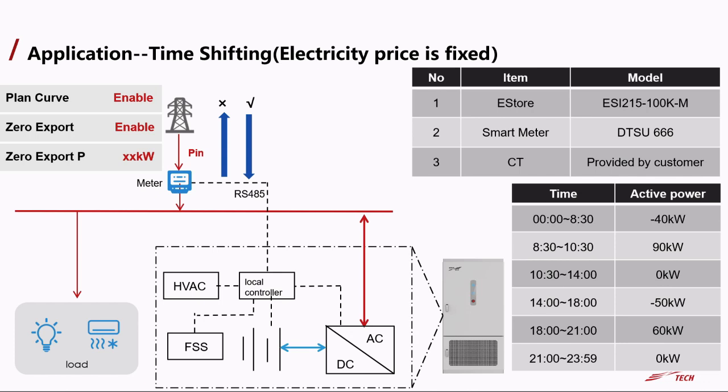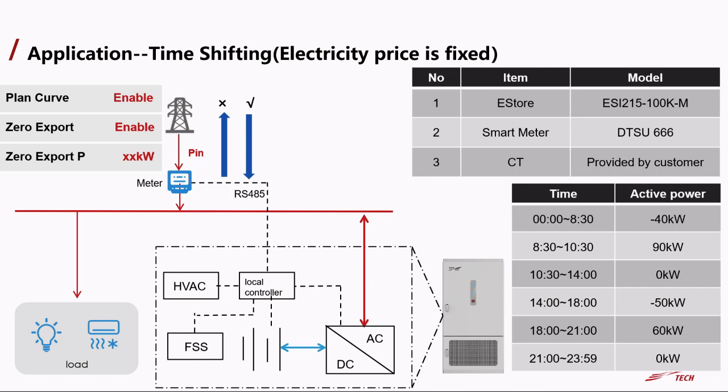And then from 8 a.m. to 10:30 a.m., when we start operation and production for the factories, we can let the energy storage system discharge to provide energy for the load. And so on. This time slot setting is the same.